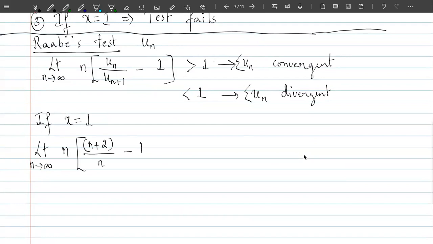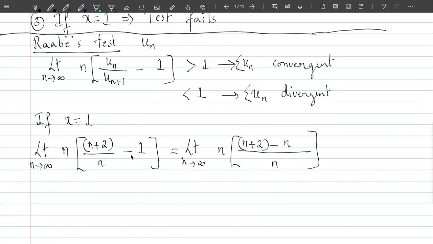minus 1. Now if you solve this, you get limit n tending to infinity. You have n here. For these two terms, take the common denominator, which is n, and in the numerator you get n plus 2 minus n. This n and this n will cancel. So if you solve this, here you get n plus 2 minus n, so n will cancel, so you get 2.